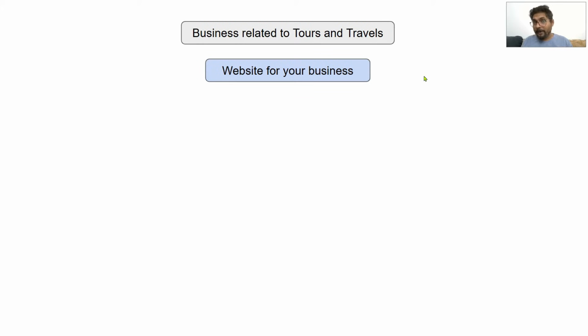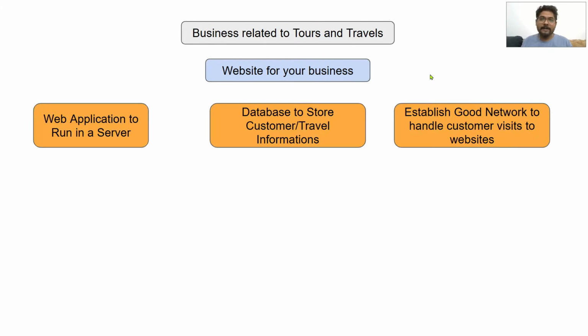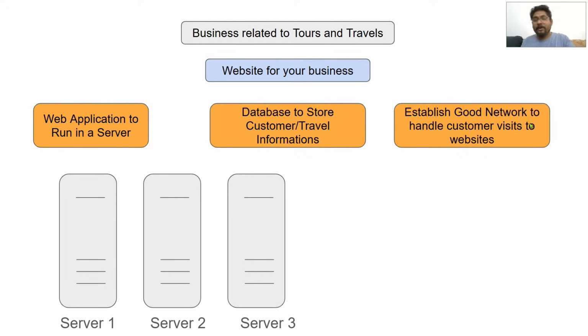Now, to run a website, you need a couple of basic core components. One is you need a server. You need a database to store your data, customer data, who booked the travel, on what date, all this information. You need a good network so that if many users come to your website, it is able to handle them.